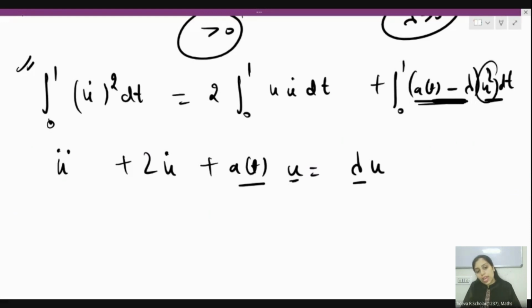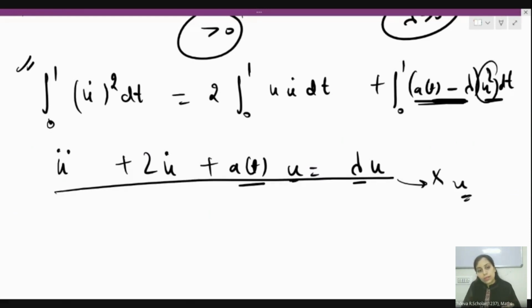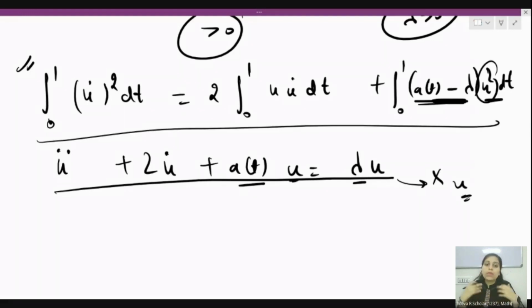That means we have to multiply the whole equation by u first, then we can do the integration. Maybe we get the same situation. So by the option, we can get the idea what we can do here. We only multiply the whole equation by u, then do the integration.